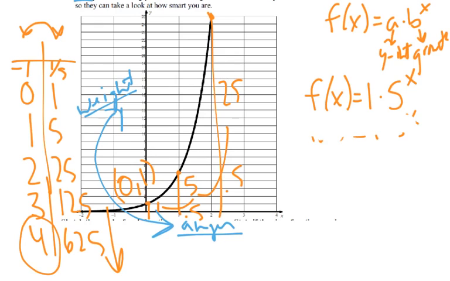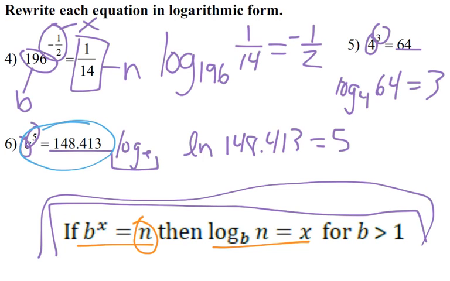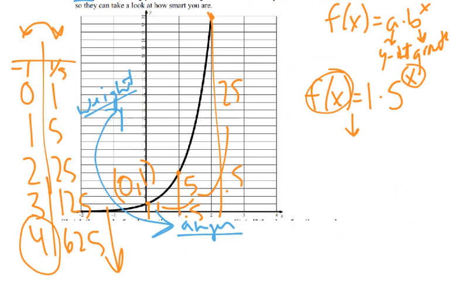So, we have to get the inverse. So we switch this to a logarithm, because when we find the inverse, we switch the output and the input, which is what happens. Look back here, right here. The output becomes the input, the input becomes the output. That's why they're connected as inverses.